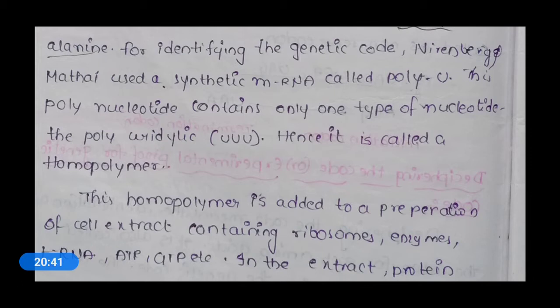In that cell extract obviously what will be present? Ribosomes, enzymes, tRNA, ATP, GTP, etc. Whatever components are present in cells will be present in the precipitation of the cell extract itself.